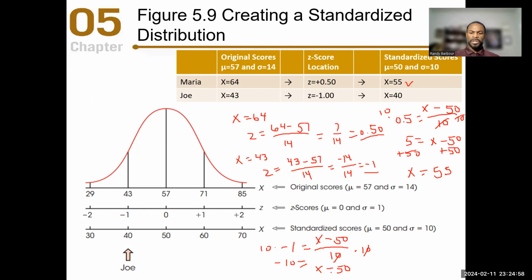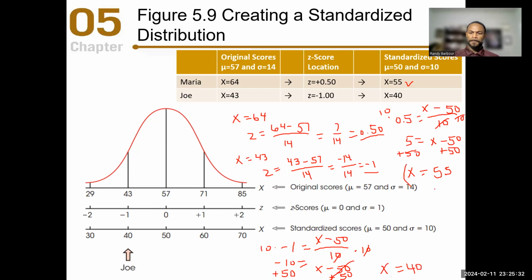All I'm going to do is add 50 to both sides. After you do that, that cancels. X equals 40.